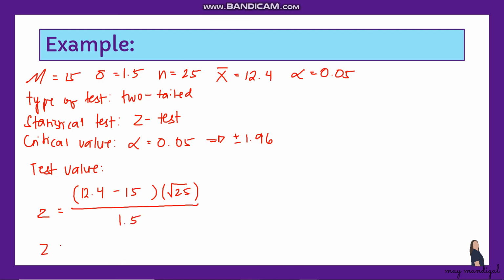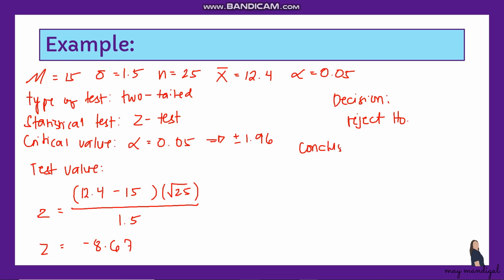Now you just have to simplify this, and we should come up with negative 8.67. Since we already have our test value and our critical value, we can now compare. Since the test value is negative 8.67, it falls on the left side of our negative 1.96 critical value. So that means we have to reject our null hypothesis.